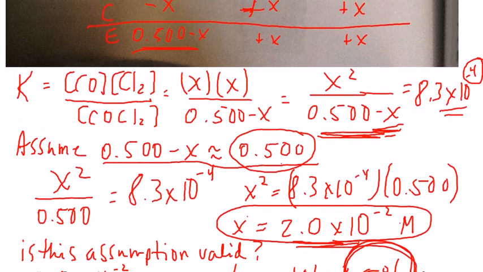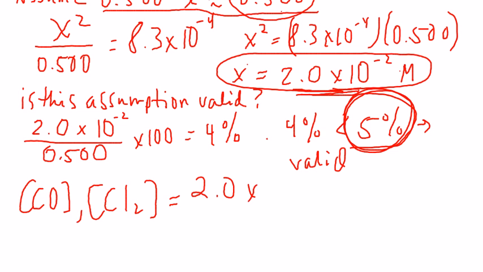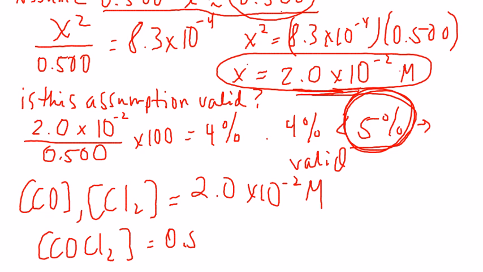So therefore, the carbon monoxide and the chlorine gas are both 2 times 10 to the negative 2 molar, and the COCl2 is equal to 0.500 minus 2 times 10 to the negative 2, which equals 0.480 molar.